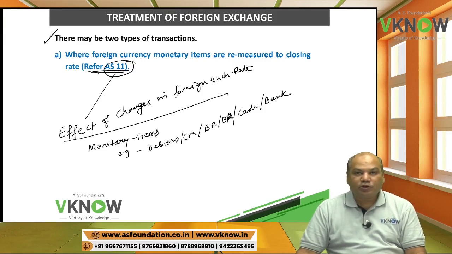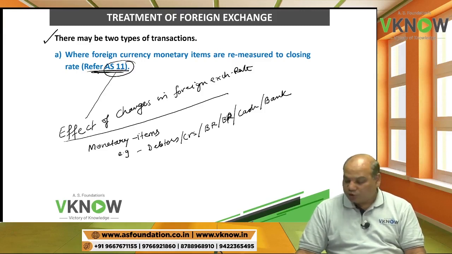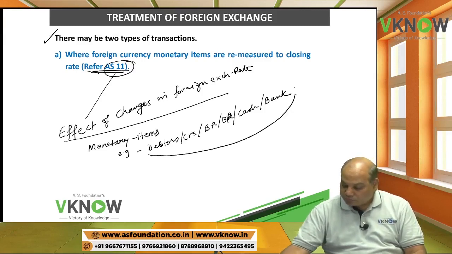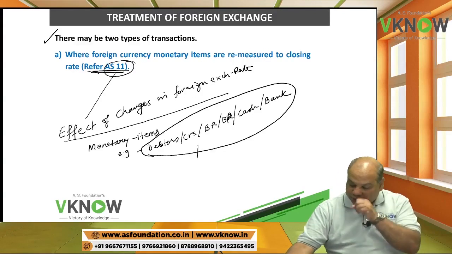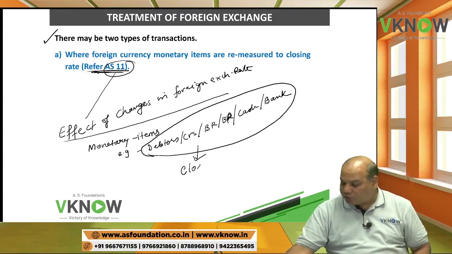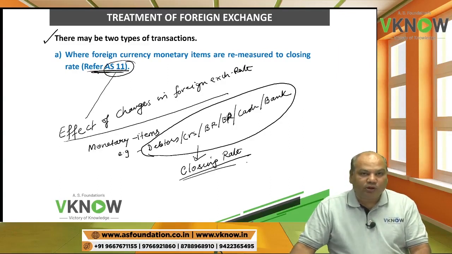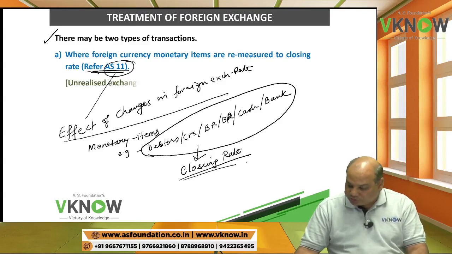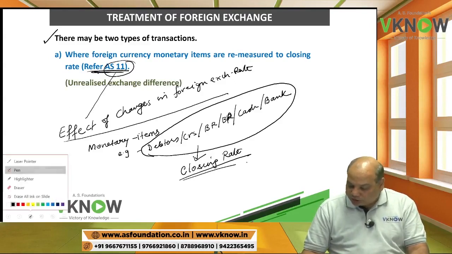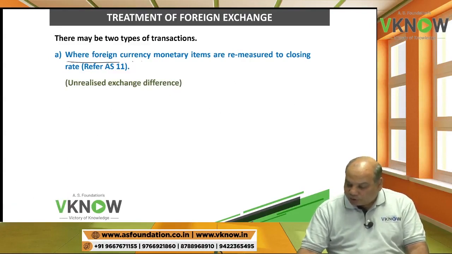These are the examples of foreign currency monetary items. And what AS11 says is they will have to be measured at closing rate on the balance sheet date. So write down now, when foreign currency monetary items are remeasured to closing rate.